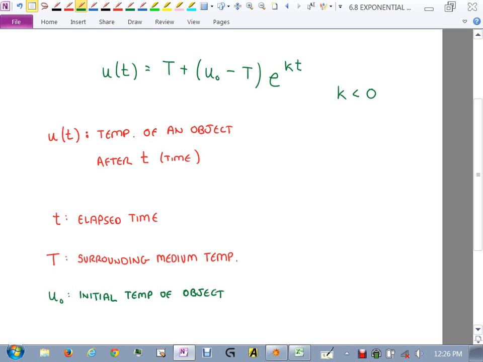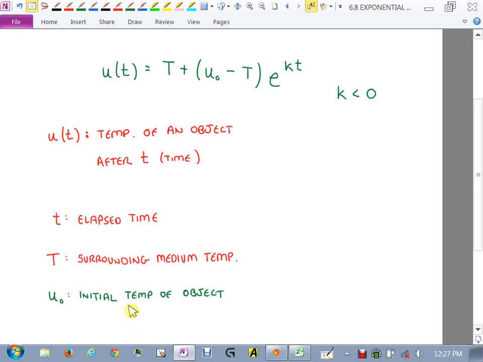Most people are 98.6, unless they had a real high fever. It gives you an idea of how long. It's not going to be to the millisecond, right? But we'll know if it's been there for 12 hours versus 8 hours. So the initial temperature of the object.